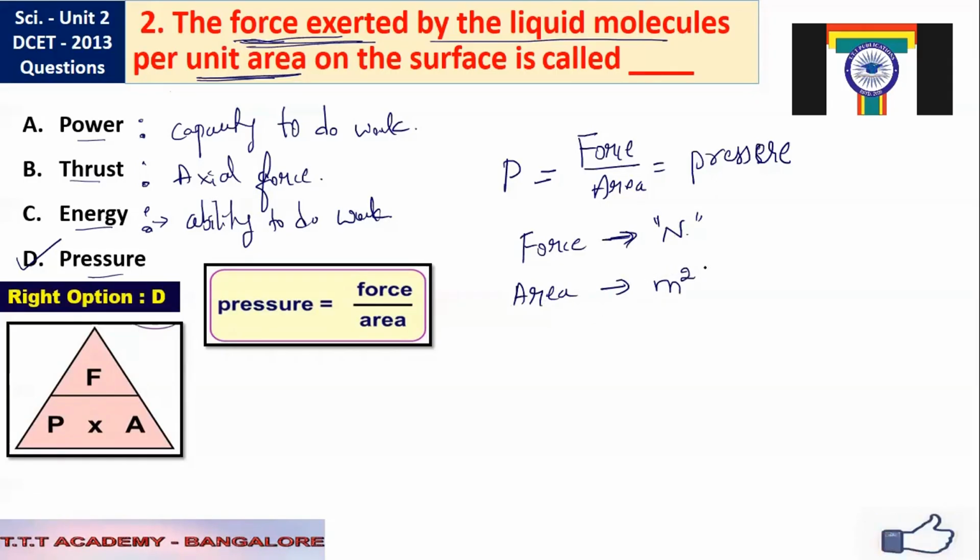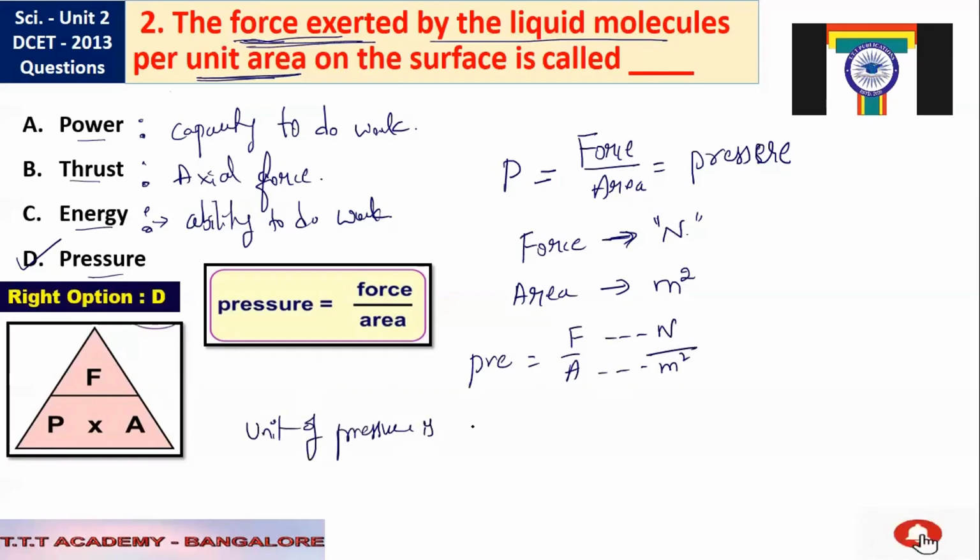So finally, force per unit area, pressure, is F by A. F is in Newton divided by A in meter square. So the unit of pressure is Newton per meter square. This 1 Newton per meter square we express as 1 Pascal.